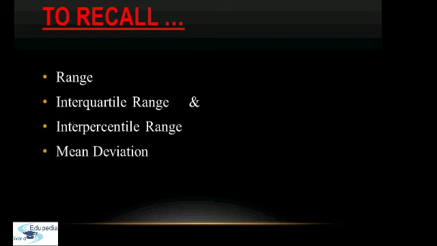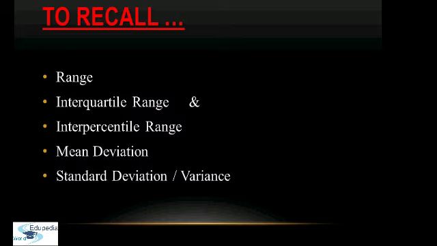Now this was the deviation based on any one of the central tendency values, where we took the deviation from either arithmetic mean, median, or mode. This was not standardized, as we had to take any one of the central tendency values. Therefore we moved on, and now today we shall take up the standard deviation along with the variance.